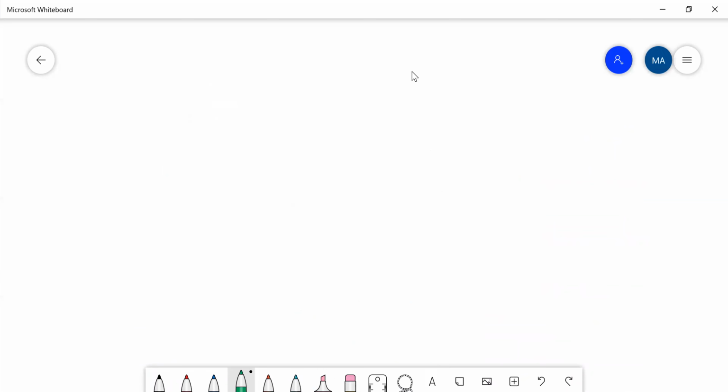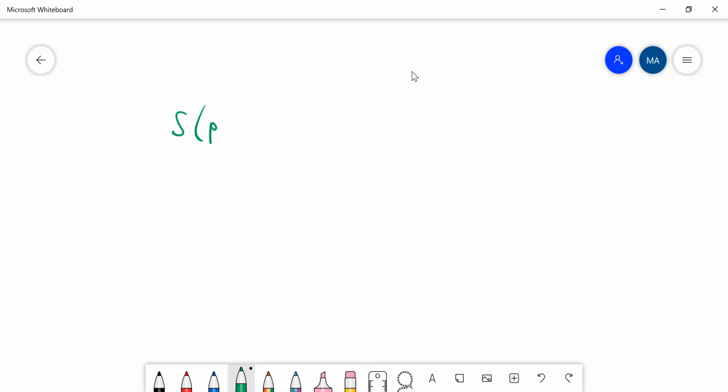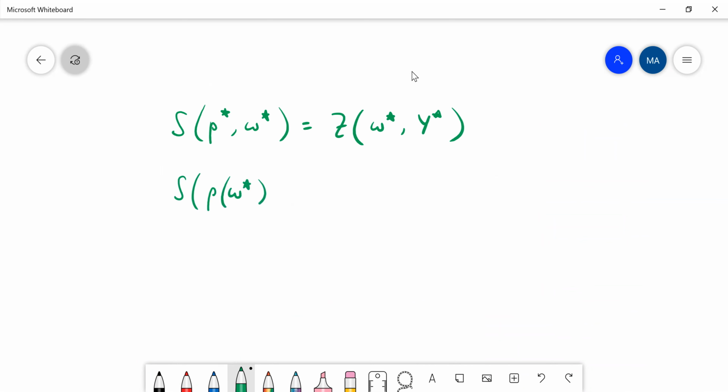Where? Here. Remember this equation? Now I have what? I have p star as a function of omega star, okay? And I have y star as a function of p star, omega star.